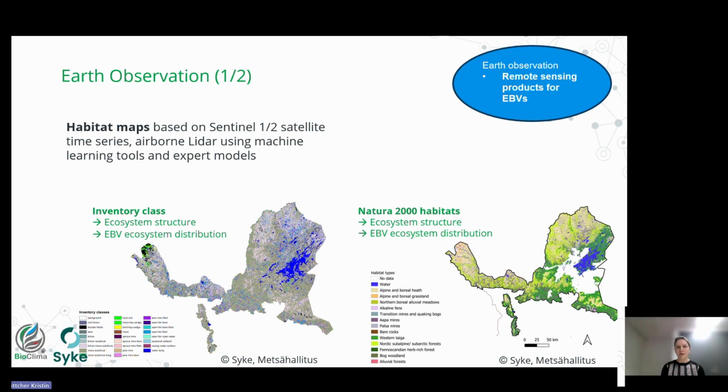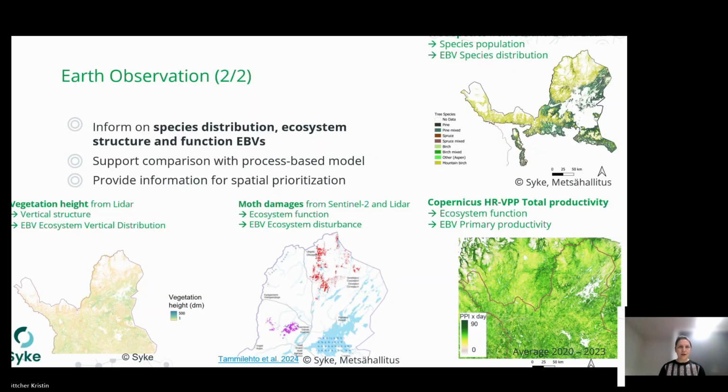And this information then supports also the EBVs on ecosystem distribution. We also have other information that's informing about species distribution, ecosystem structure, and function EBVs.